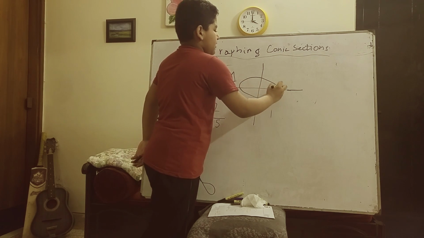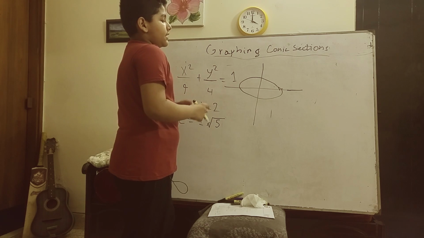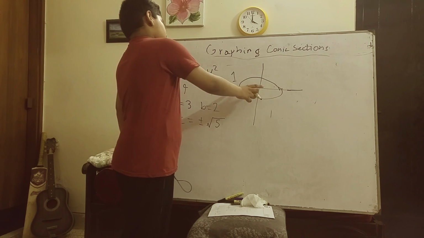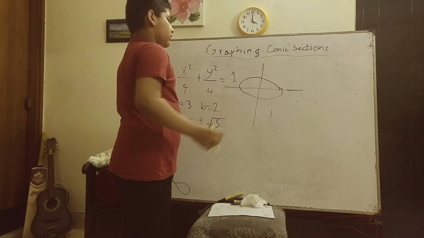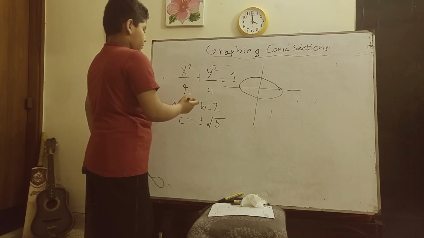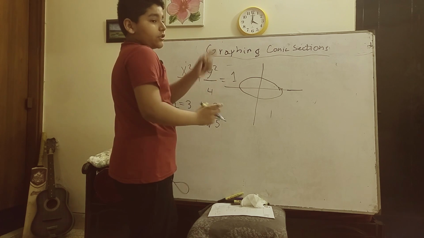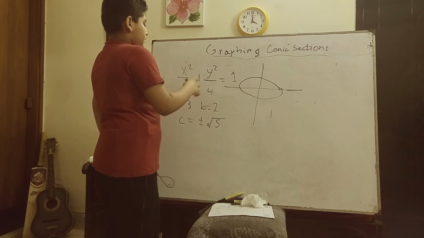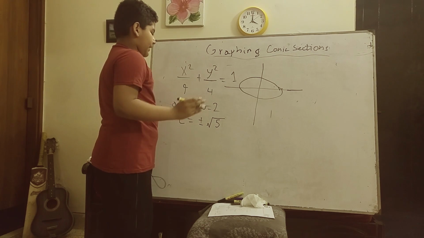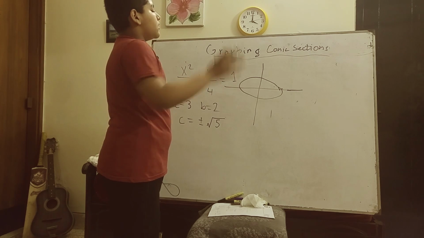Now you might be thinking, Uzair, how do I know it's not taller more than it's wider, instead of wider more than it's taller? How is this not arbitrary? No, it's not arbitrary, because when the ellipse is taller than it is wider, then 4 would be below x squared and 9 would be below y squared.